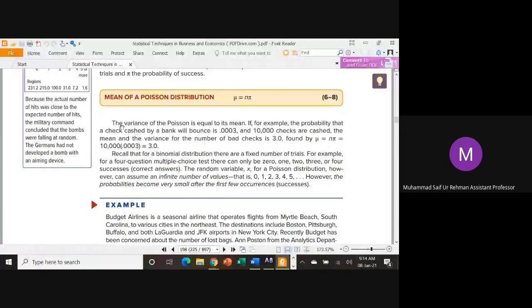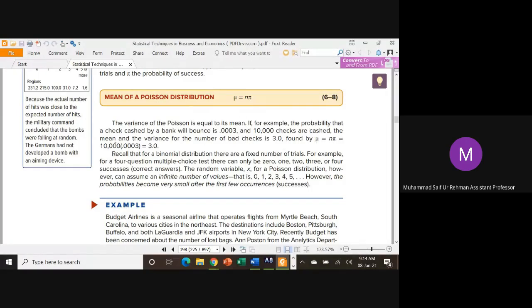So you can read this statement over here. The variance of the Poisson is equal to its mean. So if, for example, the probability that a check cashed by a bank will bounce is 0.0003, you can see that the probability of success is so small. And 10,000 checks are cashed.